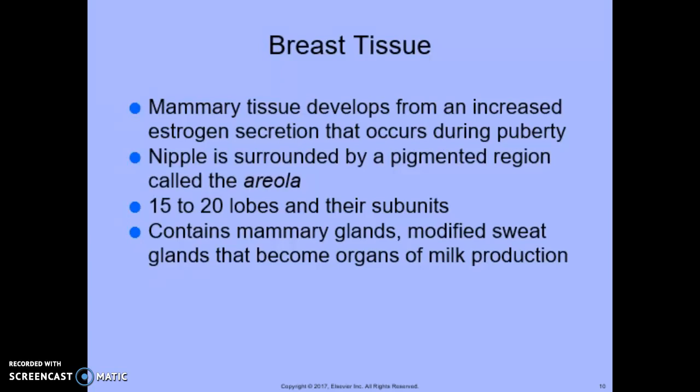The amount and distribution of adipose tissue determines the size and shape of the breasts. Mammary ducts respond to the elevated levels of estrogen and progesterone produced during the menstrual cycle by increasing in size, resulting in the premenstrual fullness and tenderness of the breasts.